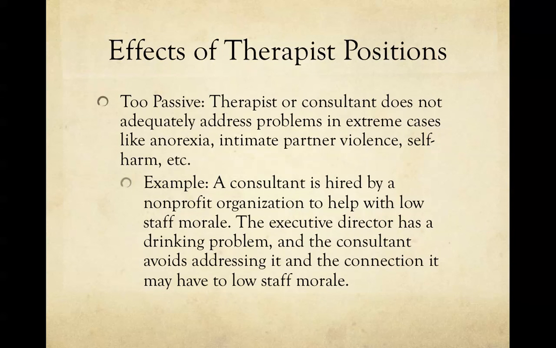Here are a couple of examples that I think will ground this in the therapeutic context and I hope help you to make a little bit more sense of what Bateson is talking about and what we mean when we talk about respect for ecosystemic balance versus efforts for conscious control. If a therapist in therapy is too passive, he or she may not adequately address problems in extreme cases like anorexia, intimate partner violence, or self-harm.